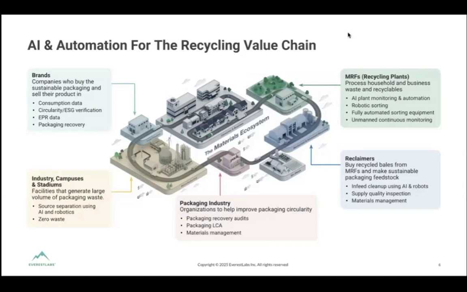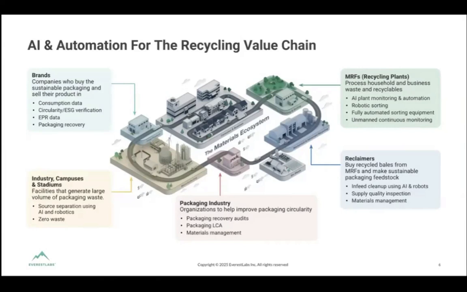On the packaging side of the business, our AI can provide data that is useful for audits, for supplementing life cycle analysis of a product or a packaging class, and also to track where those products actually end up at their end of life. So we can partner with packaging manufacturers to deploy our systems and provide them this data.